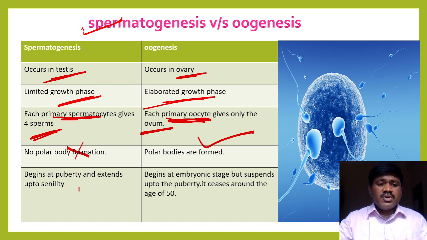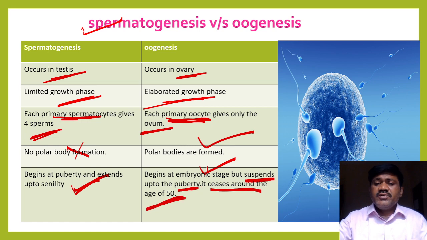Spermatogenesis starts at puberty and extends till death, senility. The oogenesis process begins at the embryonic stage but is suspended up to puberty. We know that the cell division is arrested, and after puberty the oogenesis process will be continued.